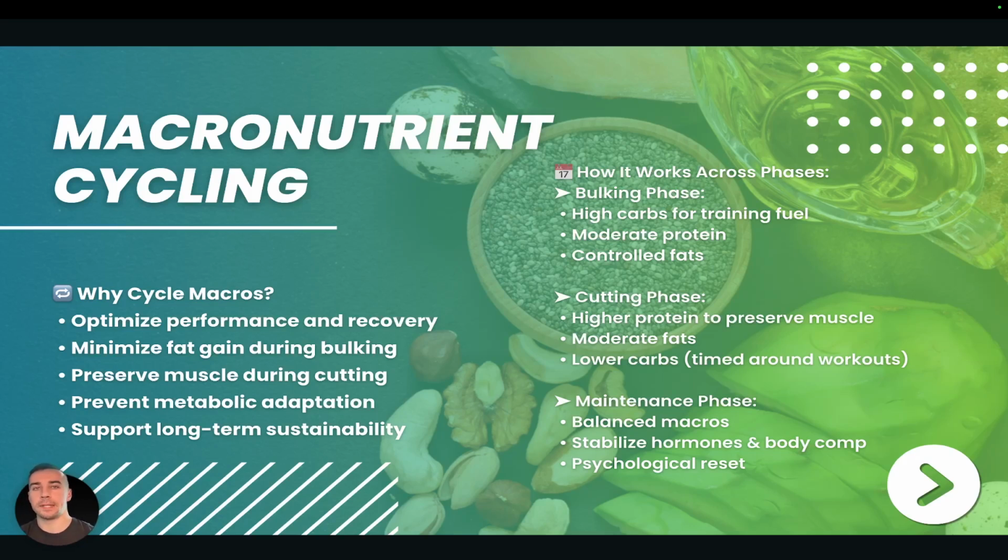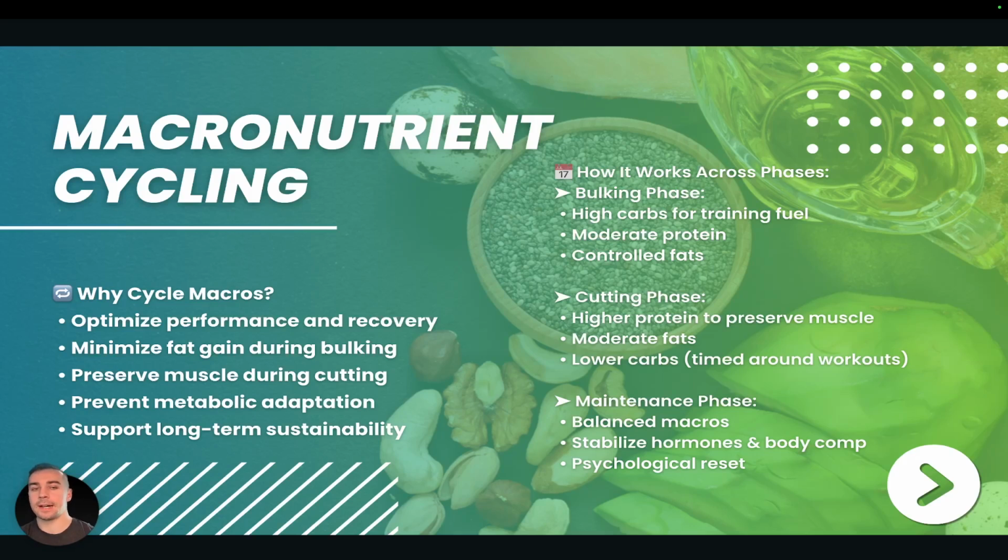This is complex carbs, your brown rice, your whole grains, things of that nature. The reason you want high carbs is because you are training more heavily. When you're weightlifting more often, you're burning calories more. You're going to have a moderate protein intake as well as controlled fats in the bulking phase.